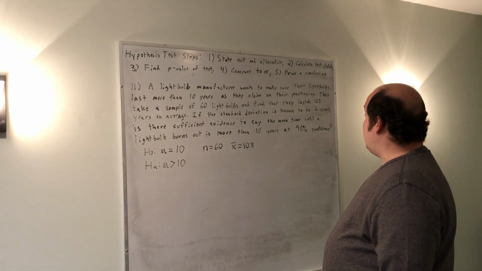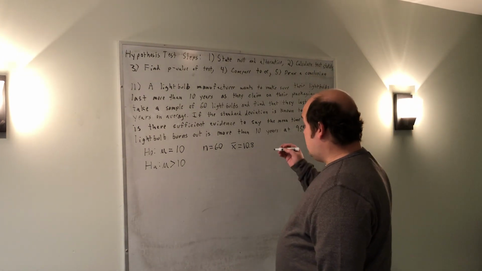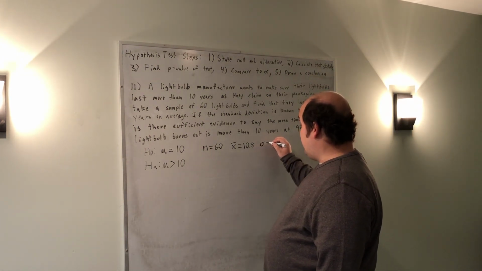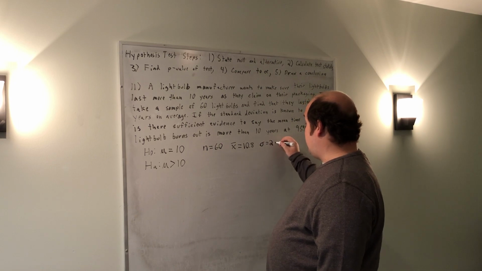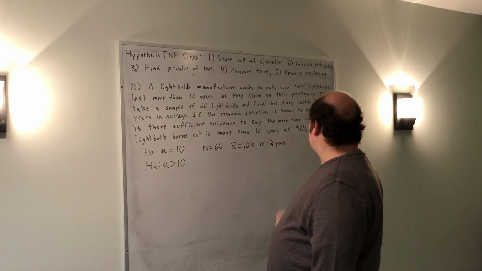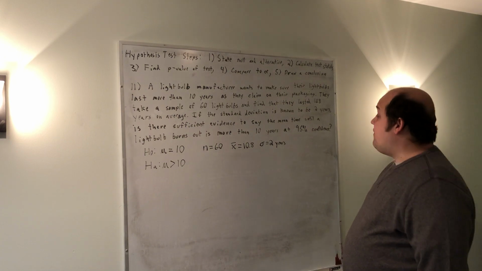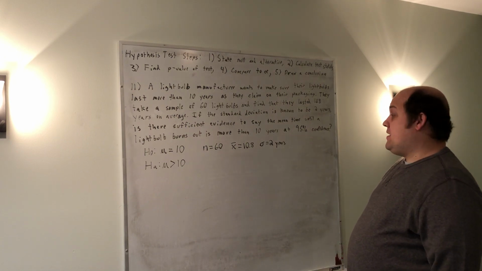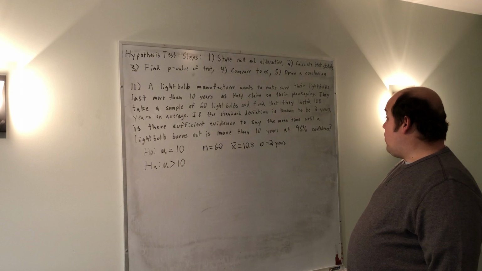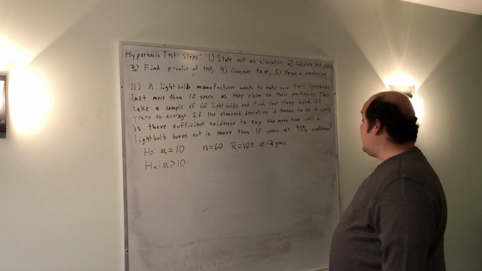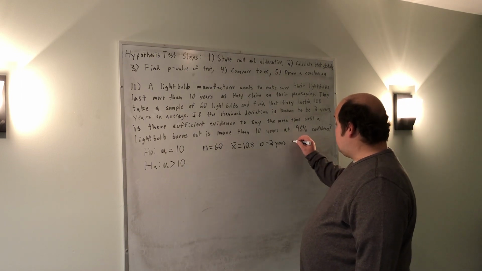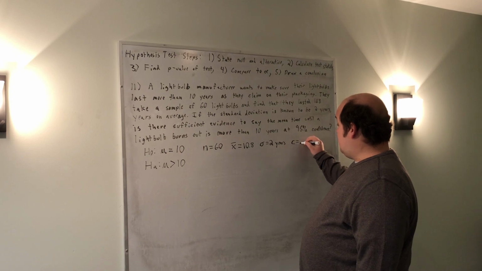If the standard deviation is known to be 2 years, in this case, standard deviation is a population value because it's known about the population. Is there sufficient evidence to say the mean time until a light bulb burns out is more than 10 years at 95% confidence? So I'm just going to write down that our confidence level is 0.95.